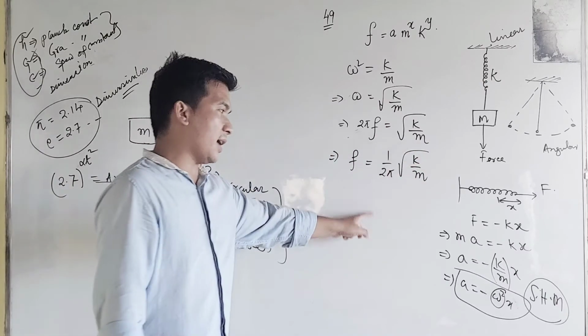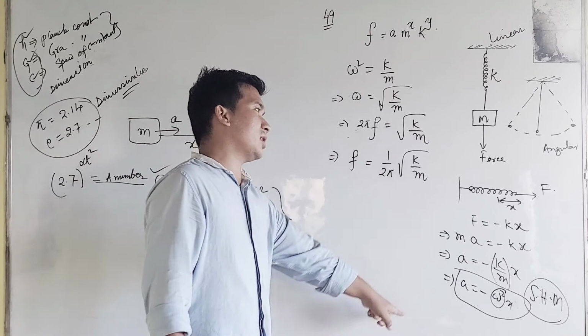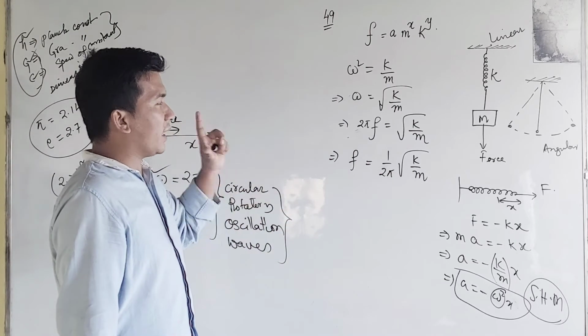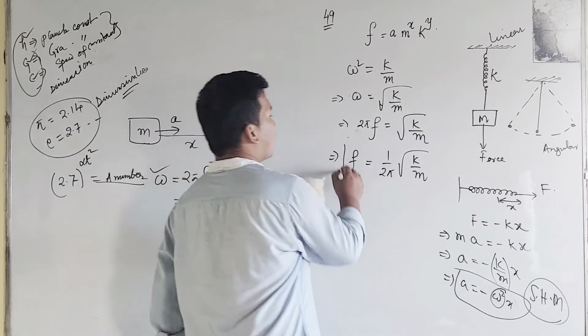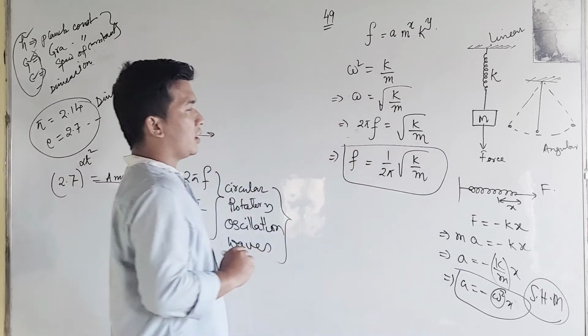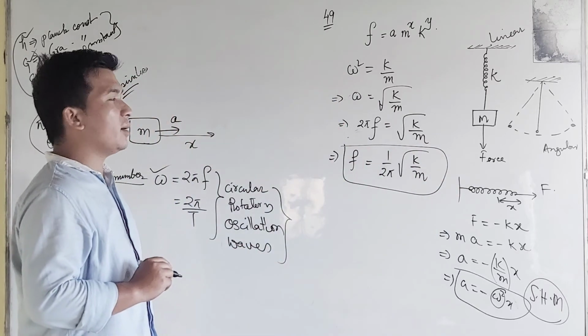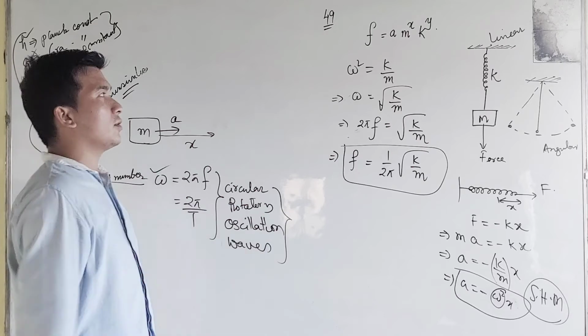If there is confusion, I go through this step. If you learn by heart this formula, frequency will be equal to 1 by 2 pi root over k by m. That's all. That's enough for this question.